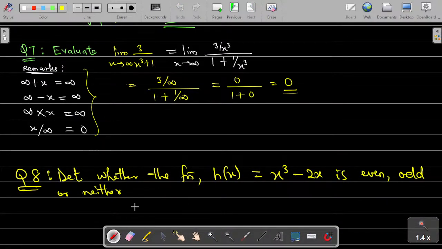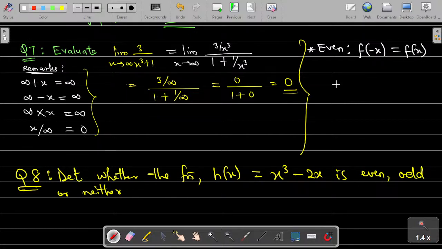So how do you know whether a function is even or odd? I'm going to quickly write the definition up here. So for an even function, we are told that if I have f of minus x, that means if you substitute your x as the negative of it, it should actually be equal to the positive one.